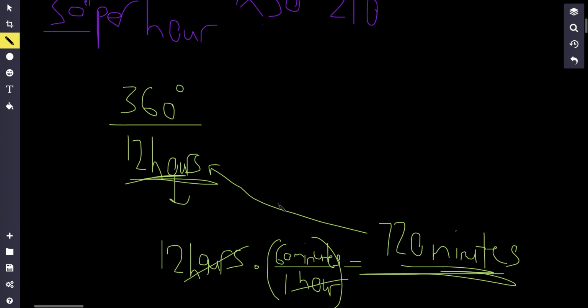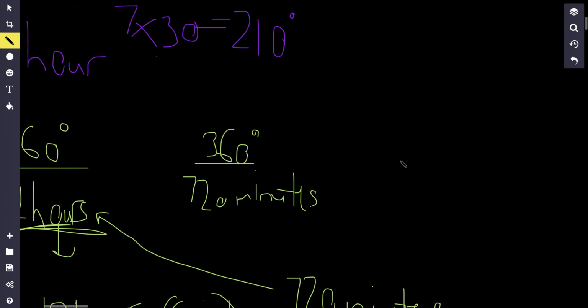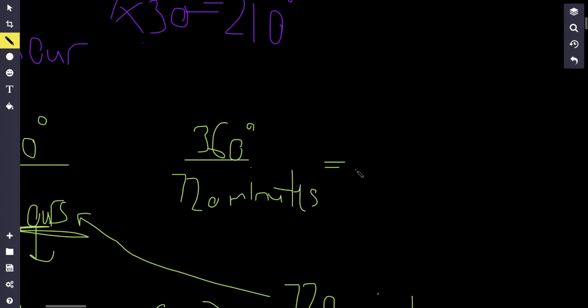And because they're equal to each other, let's just substitute it here. So we have 360 degrees divided by 720 minutes. And doing the math, we get 0.5 degrees per minute.